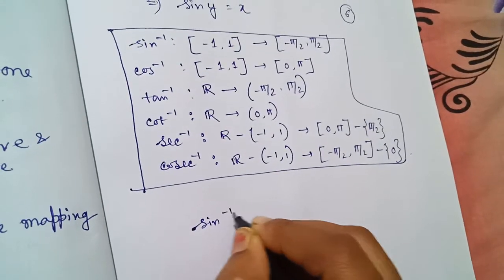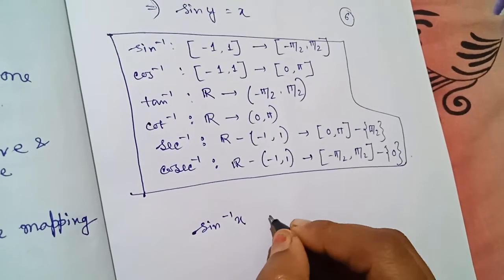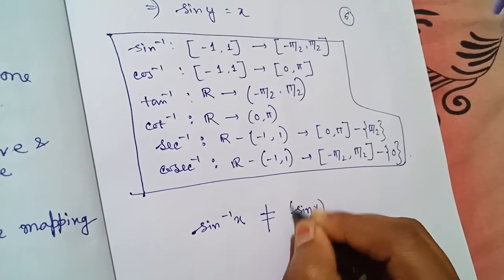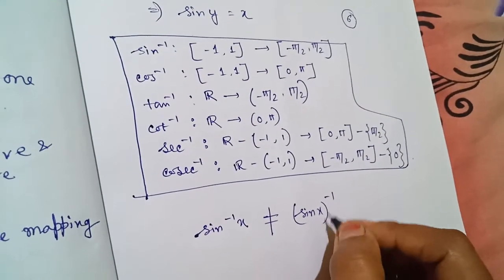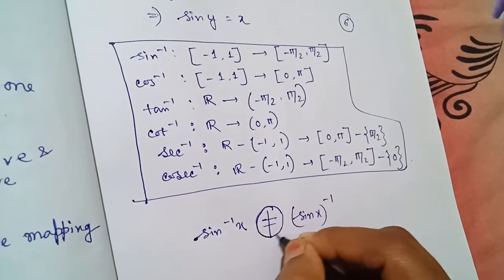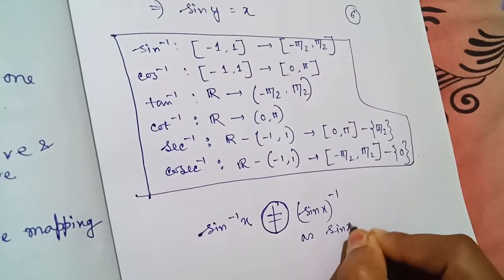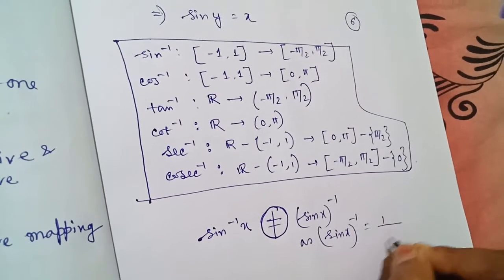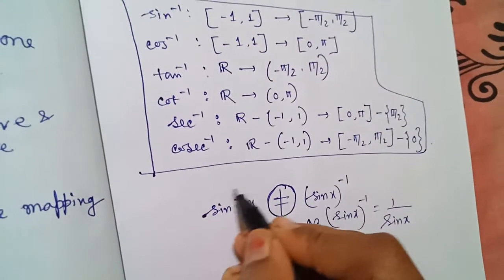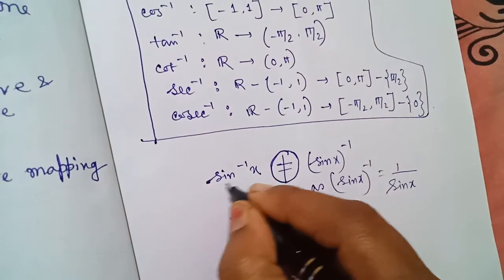Now, one very important thing to be noted: suppose I am writing sine inverse x. It is not equal to sine x to the power minus 1, because sine x to the power minus 1 means 1 by sine x. Rather, sine inverse x means its inverse function.